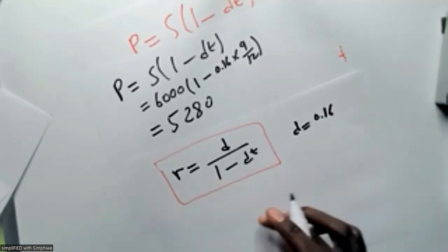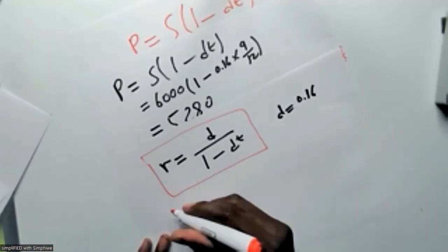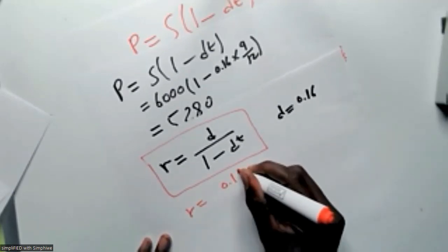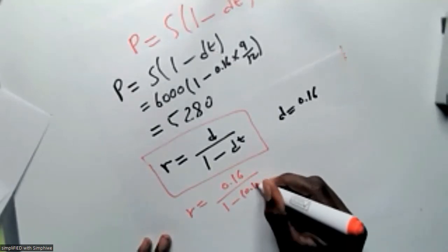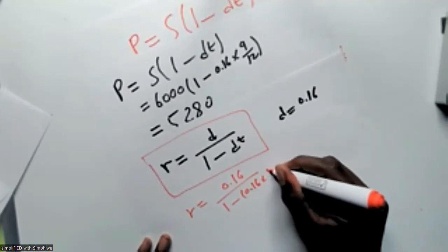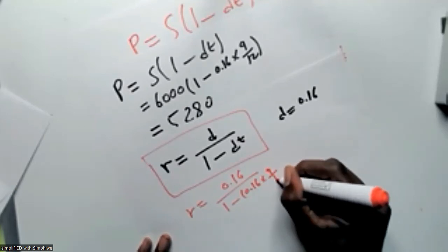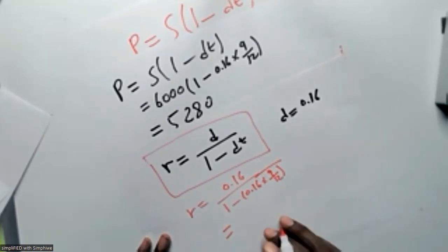They want the equivalent interest rate of that. So I just substitute straightforward from there. This is going to be 0.16 over 1 minus 0.16 times the period, which is 9 months of 12 months, like that.